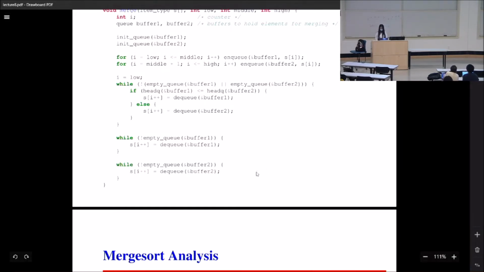I can try to use my cursor. Yeah, it's my laptop.